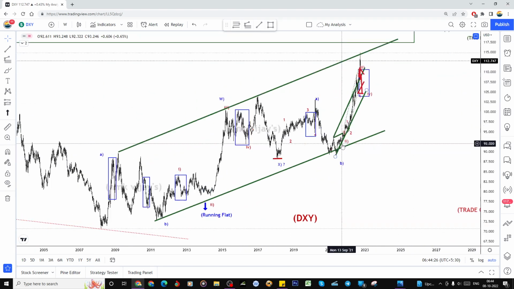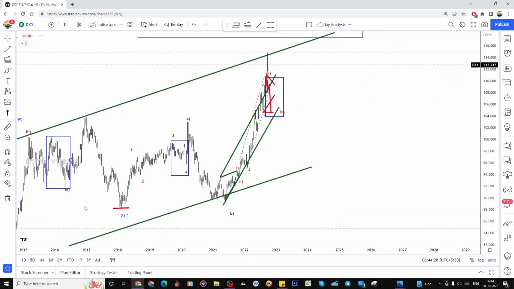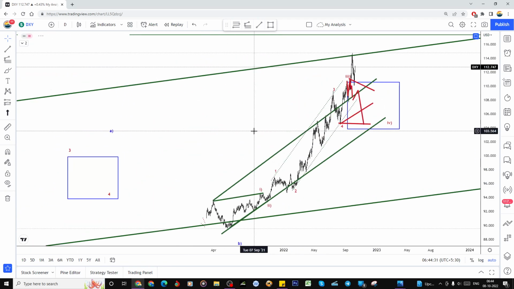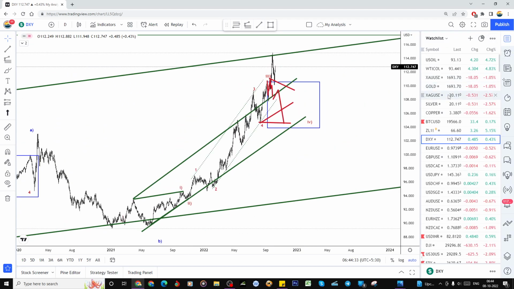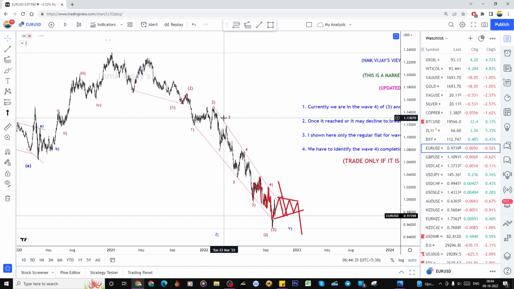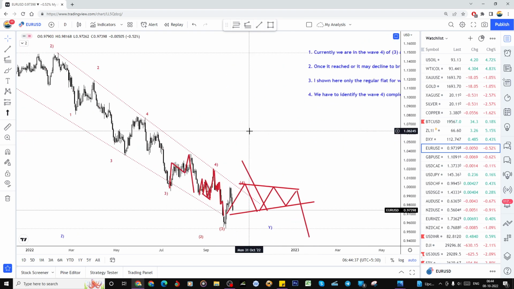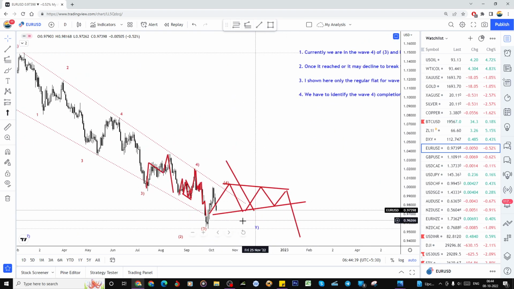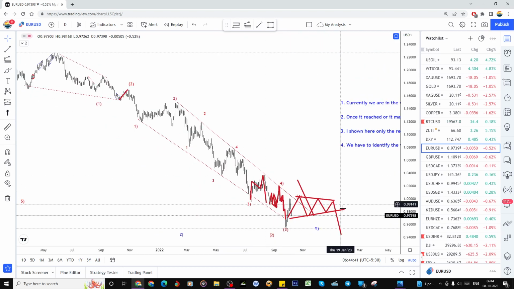I'm not able to catch the wave count in DXY, but in Euro USD it's looking like the bigger fourth wave is in act here.